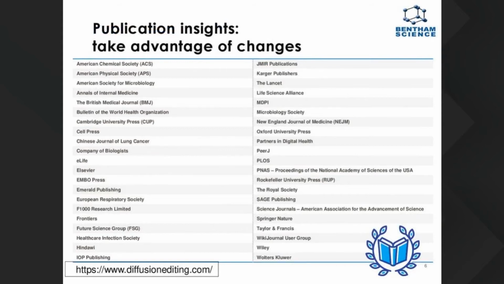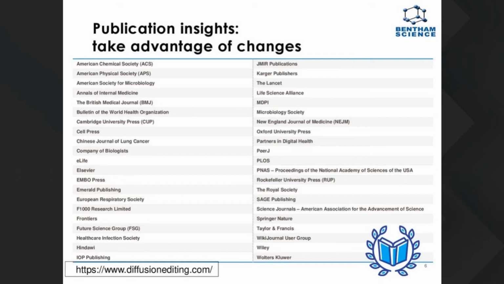So we can, as authors, take advantage of these kinds of changes in the publishing industry in order to more effectively target our papers to the best journals. Which publishers are allowing content free online? Which publishers are publishing open access?